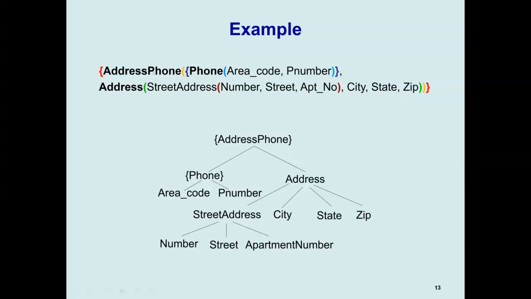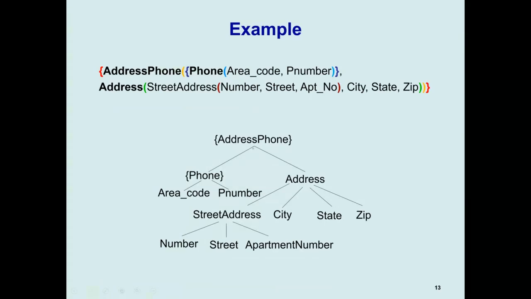The second component of the address phone is address. If we see this parenthesis color coding, we can tell that address is a composite attribute. It contains street address, city, state, and zip. And the street address component is also composite because it contains three fields.